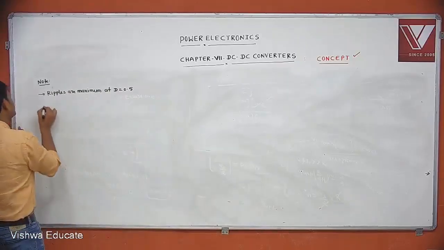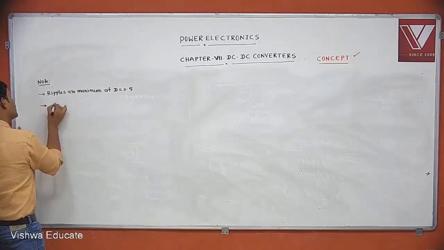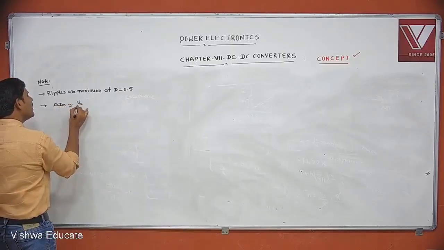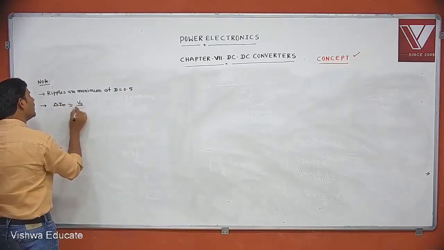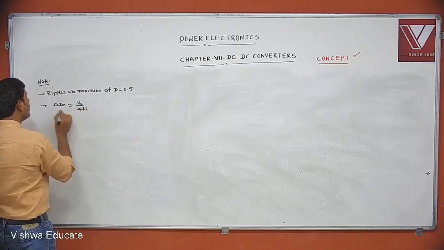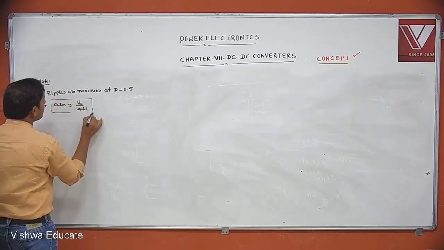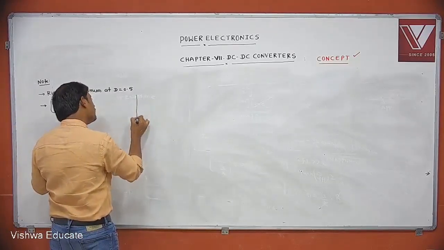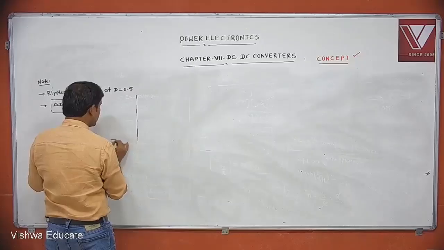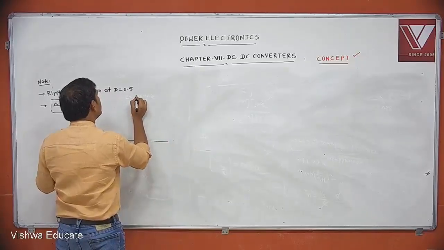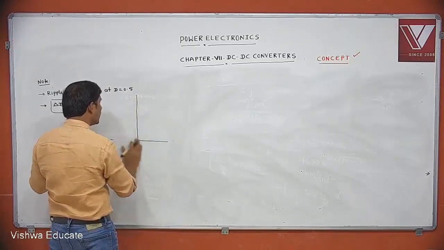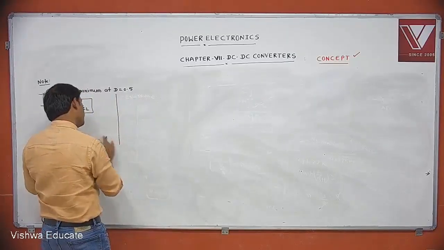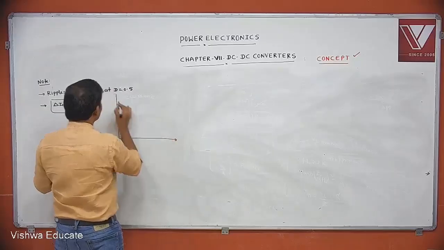Then what is the maximum value of ripple current? The maximum ripple current delta Im, this is the approximate value, equals Vs by 4FL. Then if you draw the characteristics of duty cycle versus ripple current, we get the characteristics like this.